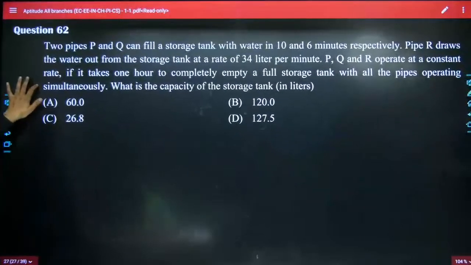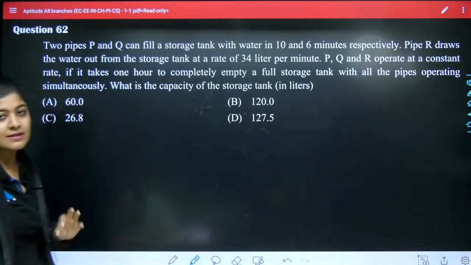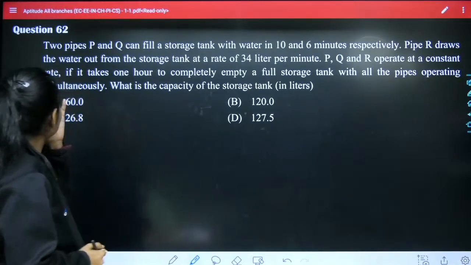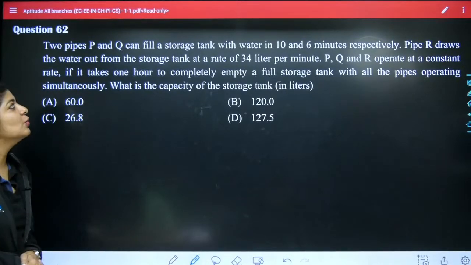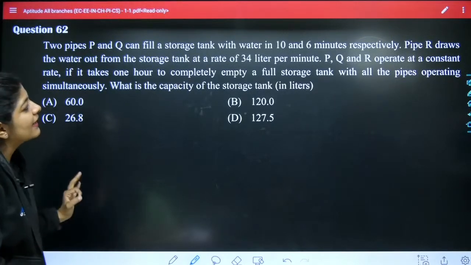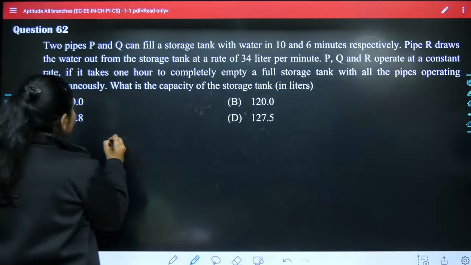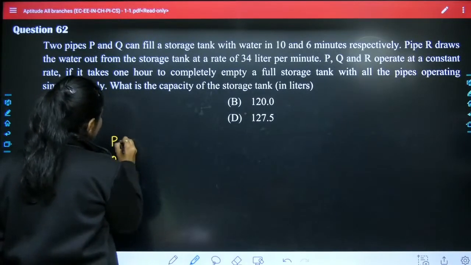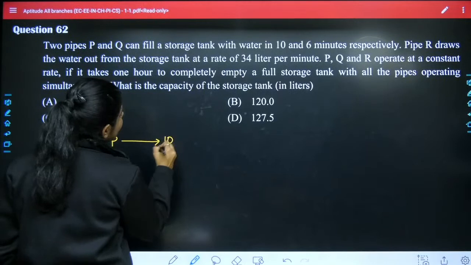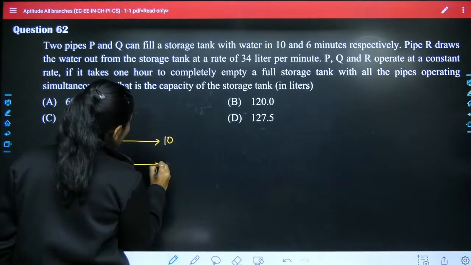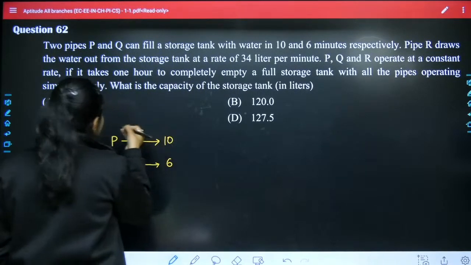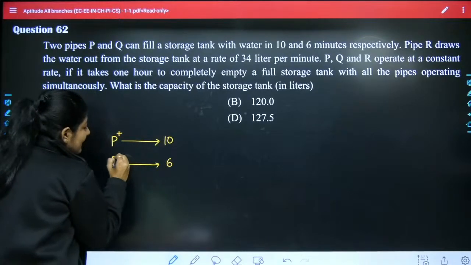Here we have a question from pipes and cisterns. Two pipes P and Q can fill a storage tank with water in 10 and 6 minutes respectively. P can fill the tank in 10 minutes and Q can fill the tank in 6 minutes. They both are filling, so we can write plus here.